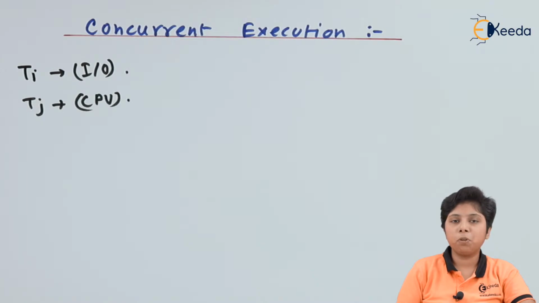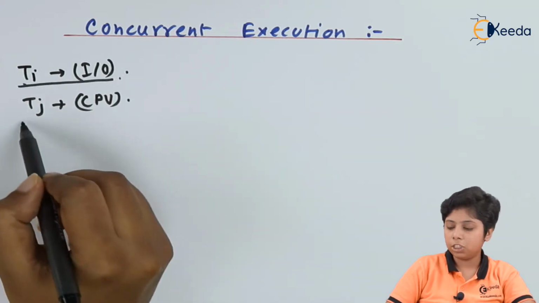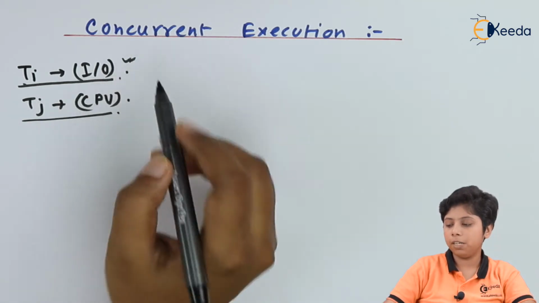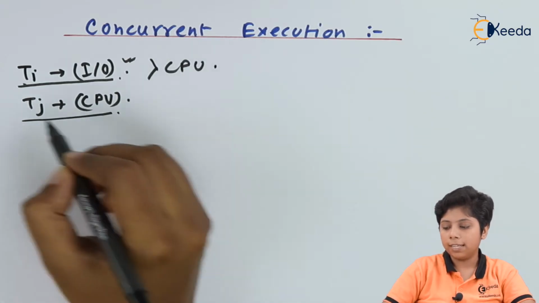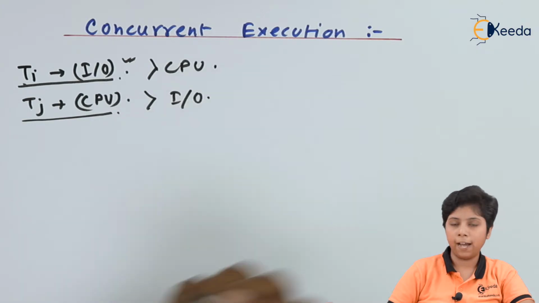Now, if these two transactions do not run concurrently, then while TI is completing its operation, TJ must wait for it. TI is IO oriented, so it has less CPU work, and TJ is CPU oriented, so it has less IO work.